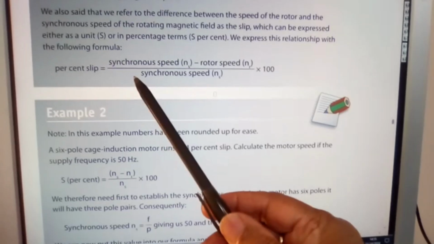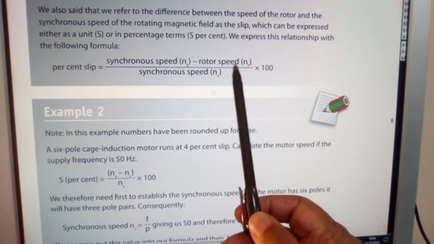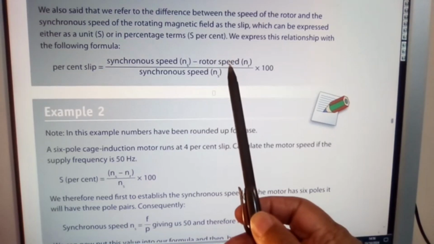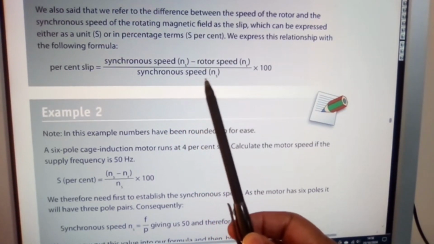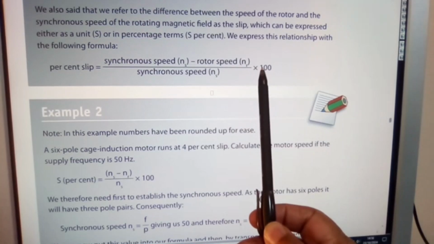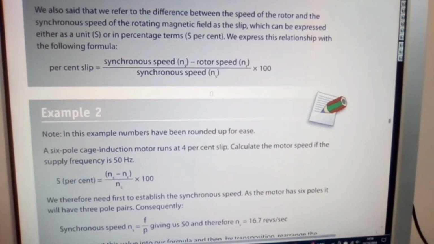Percentage slip equals synchronous speed, NS, minus the rotor speed, NR, over synchronous speed, NS, times 100. So we're looking here at a percentage slip, okay?